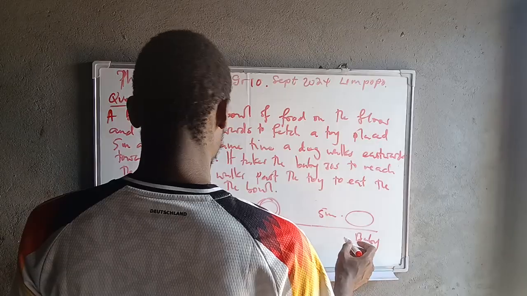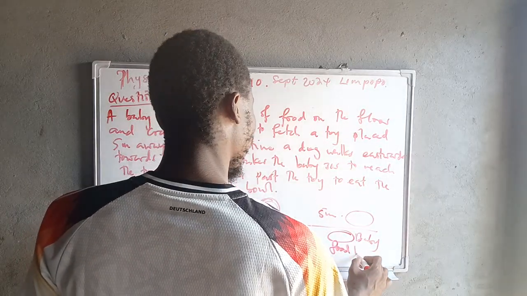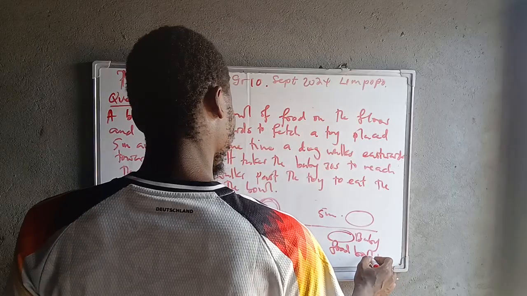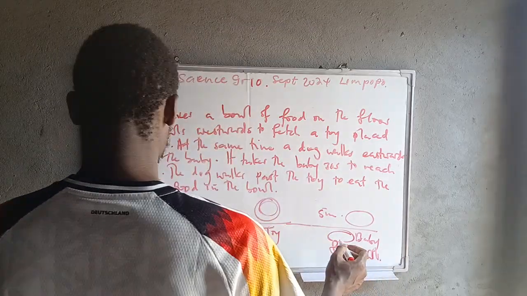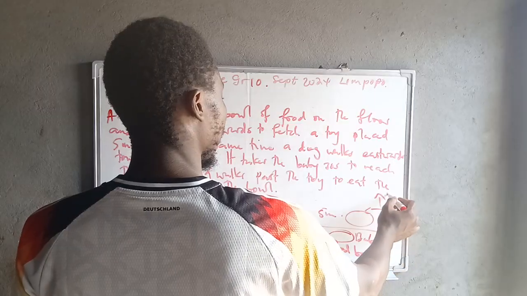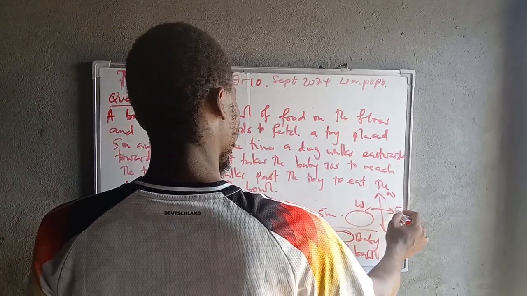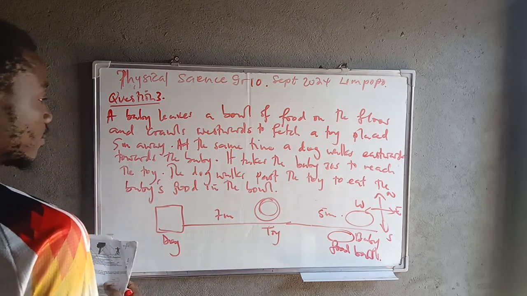Then this is the food bowl of the baby, like that. Then we can have the compass, north, south, west, east, like that.